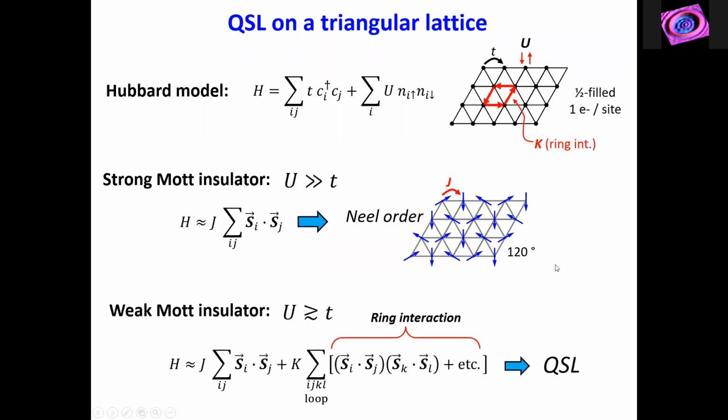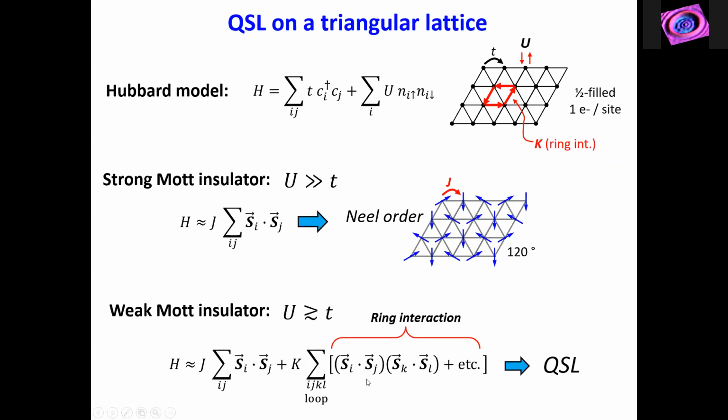However, if the Mott insulator is not so strong, if the U is a little bit smaller, then you start getting other terms in the Hamiltonian. You start getting other interactions, such as this ring interaction I'm showing here. This is an interaction between 4 adjacent spins. You can look up here, see those 4 right there. They can interact via this ring interaction term, and that provides additional frustration, which then can, under some circumstances, cause the ground state to not be the ordered state, but to be a quantum spin liquid.